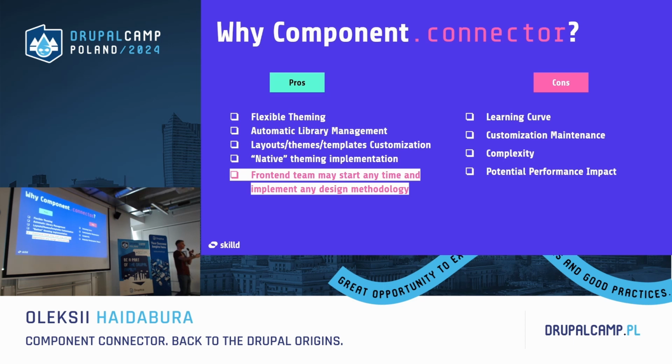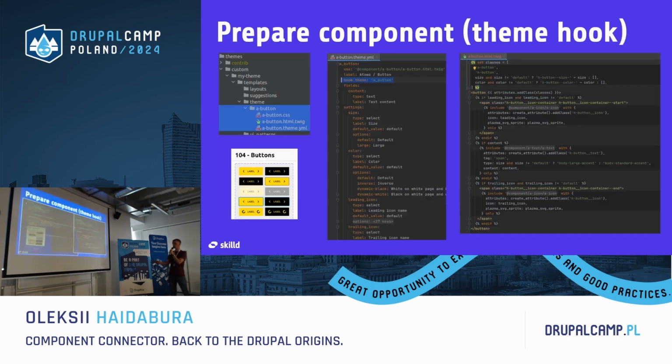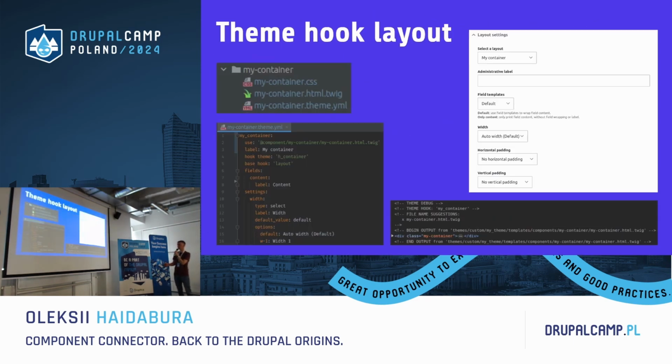It looks like React components, and you can create all components in them instead of creating them in a module or something like that. That's why you can really divide backend and front-end development, and finally it can start in parallel. And as I understand, it's really fast. Yes, because it's in core, because it goes through the theme registry.